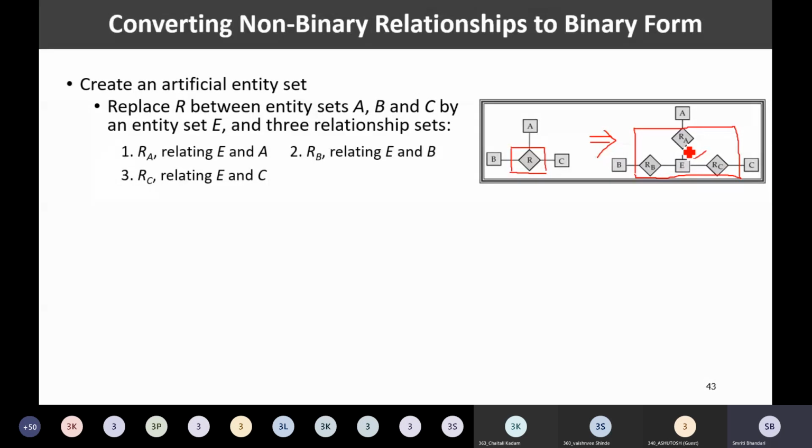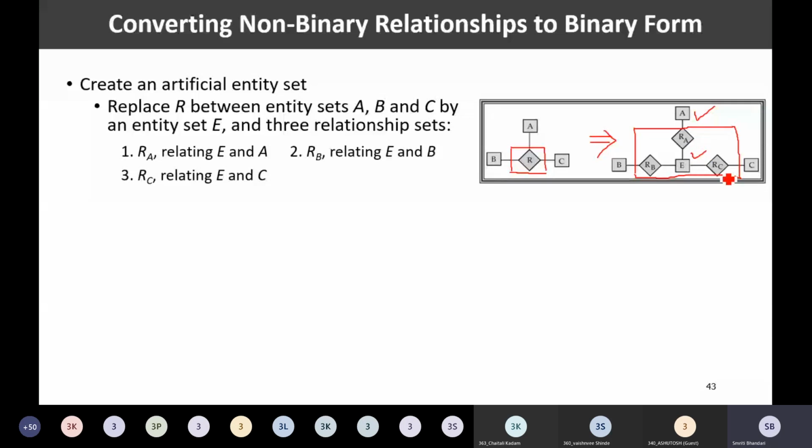RA is the relationship between the original entity set A and this new entity set E. Similarly, RB is the relationship set between E and B, and RC is the relationship set between C and E. So if I am having this ternary relationship set R, I am going to convert it by creating one new artificial entity set E and three binary relationship sets RA, RB and RC.